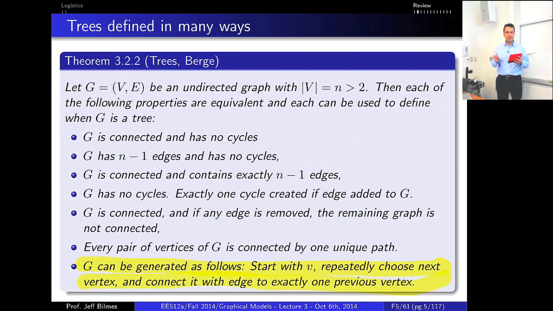And the astute listener will have perhaps noticed that when we generate a tree in that way, the very last node that we instantiate in this tree ends up being a leaf node.